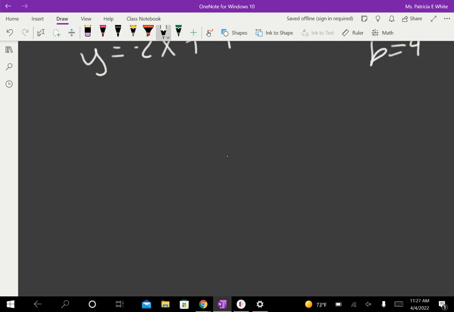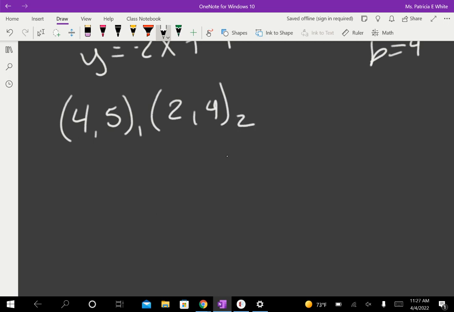What was my number 3 coordinates, please? 10, 4 and 2, 4. Y minus y, who should be 1, who should be 2? Let's pick. So 4 minus 5 over 2 minus 4.